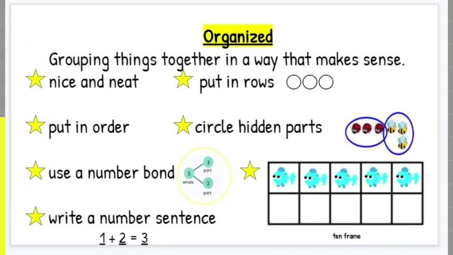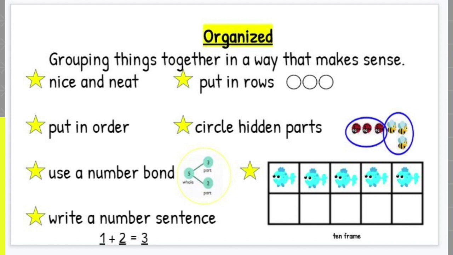Okay, organization is key, mathematicians. And so one of the things that a good mathematician does is they stay organized. They group things together in a way that makes sense. So let's review some of the ways that we have used to stay organized. Of course, we need to be nice and neat.